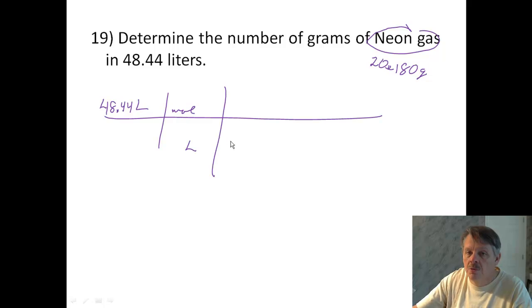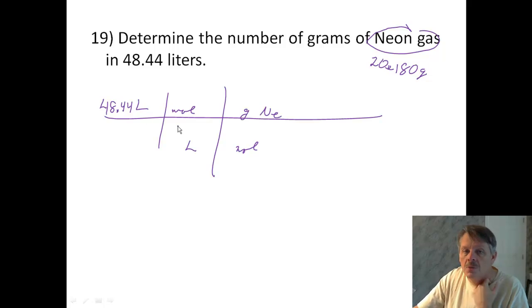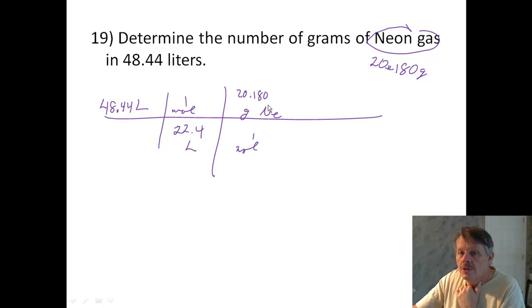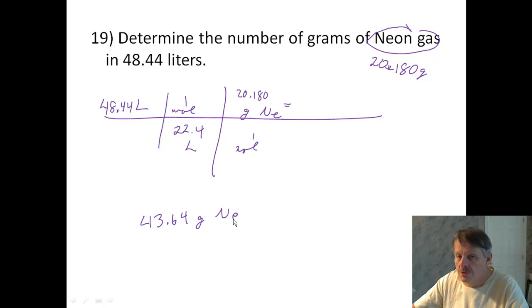And then from moles we can convert to whatever we want, and in this case moles is going to grams of neon gas. So we have 22.4 liters in a mole. That's volume. And for 1 mole its mass is 20.180 because we looked that up in the periodic table. When we actually do our math for 19, we come up with 43.64 grams of neon.